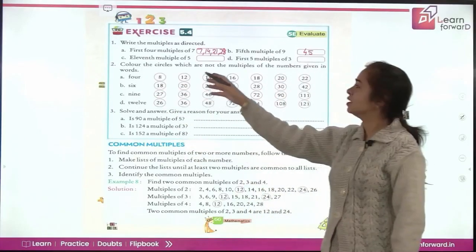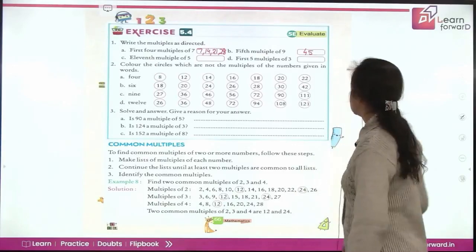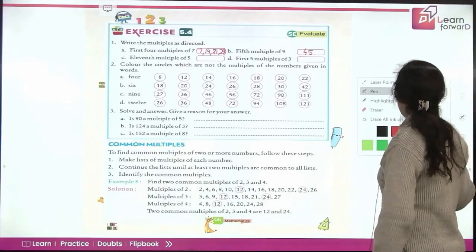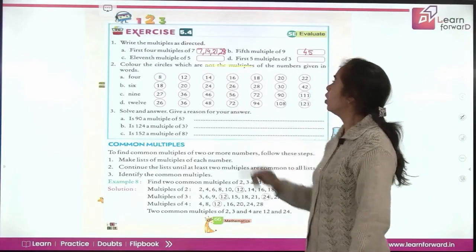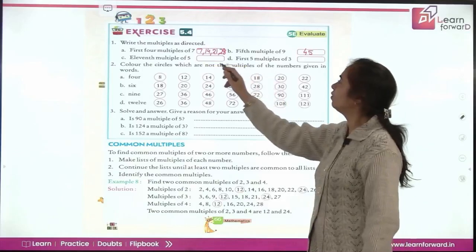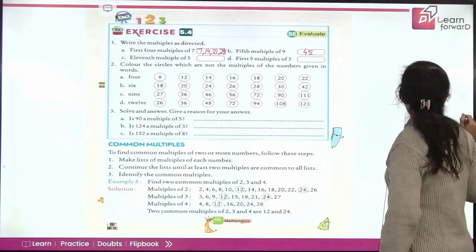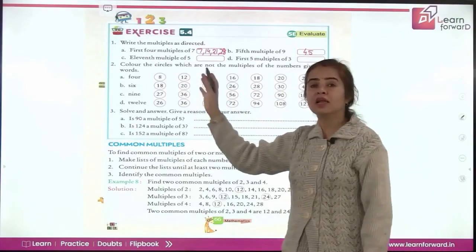Color the circles which are not the multiples of the numbers given in words. So the numbers are not the multiples. Please see this. They are not the multiples. That means what do you have to do? See the multiples and then color the remaining ones.